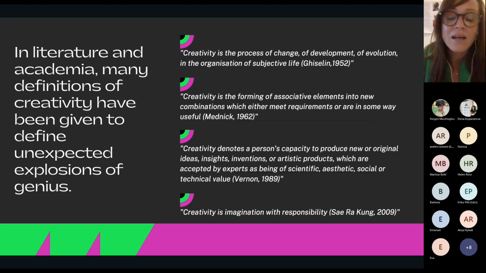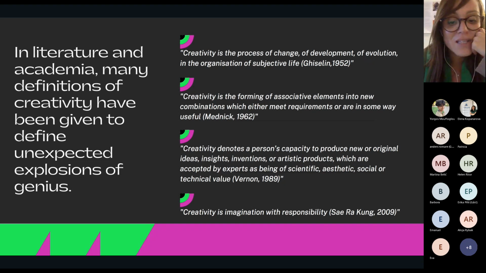In this slide, I put some definitions of creativity created by some important writers, critics, or thinkers. Let's take a look at one or two of these. For example, creativity is the process of change, of development, of evolution in the organization of subjective life.